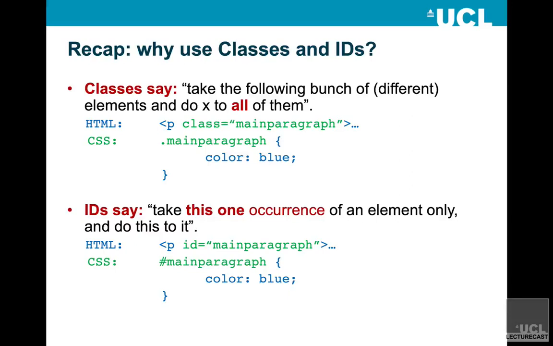So in other words, classes are saying, take the following bunch of different elements and do X with all of them. IDs will say, take this one occurrence of an element and do something with this.